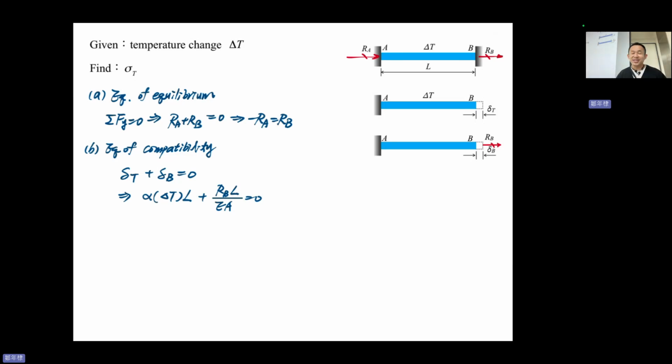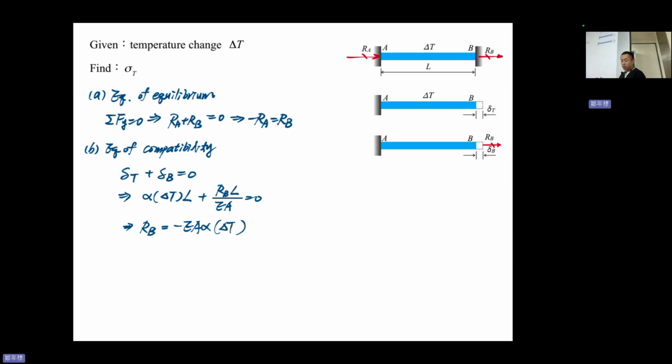But here I'm substituting the constitutive law into the delta B. I don't want to write it down now because I believe you know what I'm talking about. So your RB equals minus EA alpha delta T.